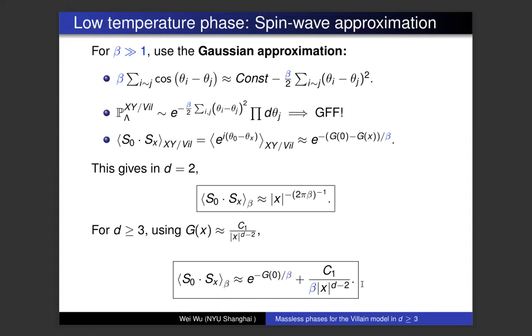So this spin wave approximation gives the right qualitative behavior of the low temperature correlation function, but it is not precise. In particular, the exponent in 2 dimensions predicted this way is not correct. And the constants predicted in 3 and higher dimensions are not correct if you use the spin wave approximation.